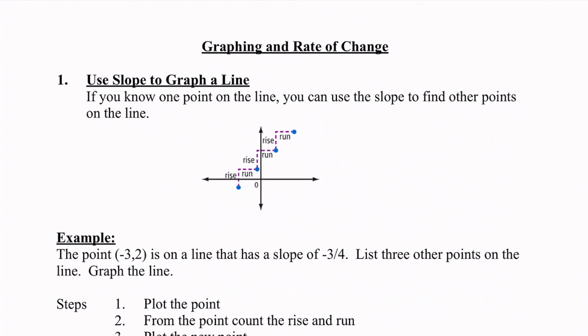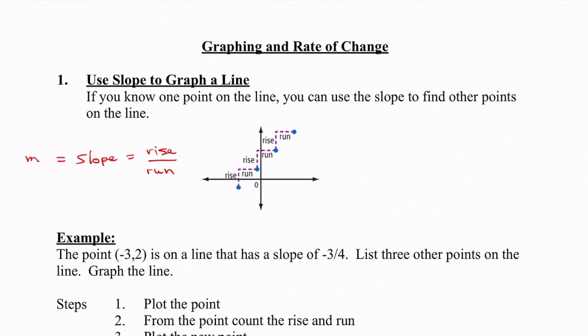Because if I know, say, this point right here, and then I know my slope, and remember our slope was just equal to our rise over our run, and we often use the letter M to represent slope. So we can see we are rising and then running, rising and then running.